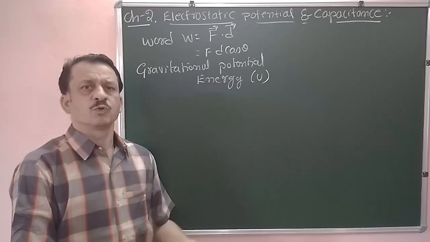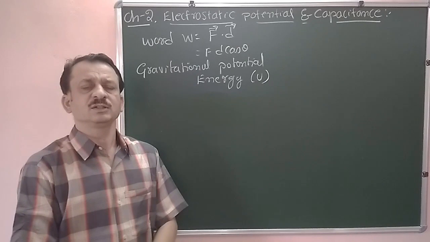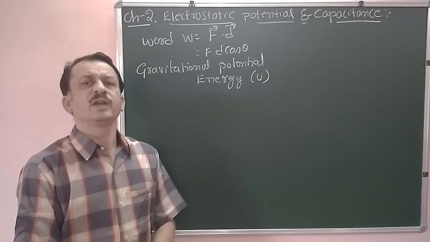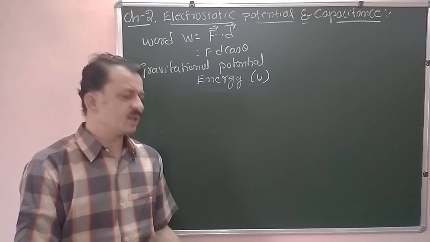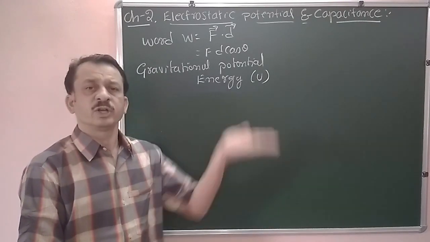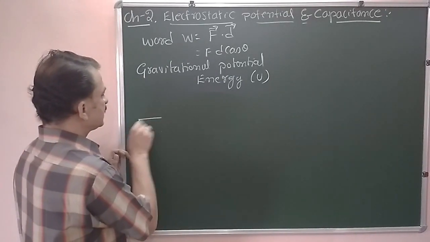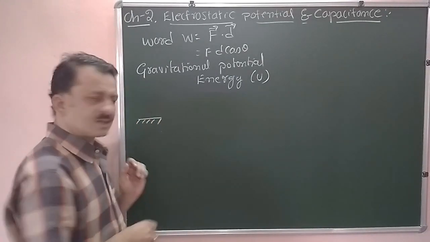So what is the gravitational potential energy that we have studied? We have a gravitational force. The amount of work done in lifting an object from one point to another point. For example, let me consider this is the earth surface.